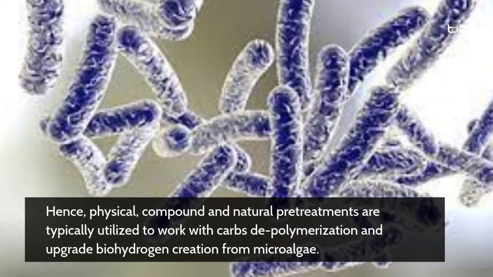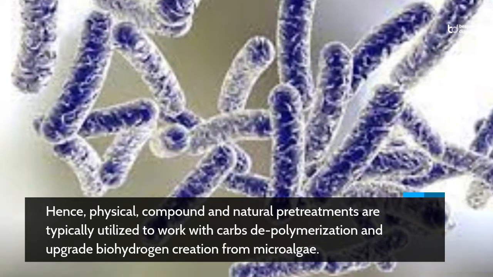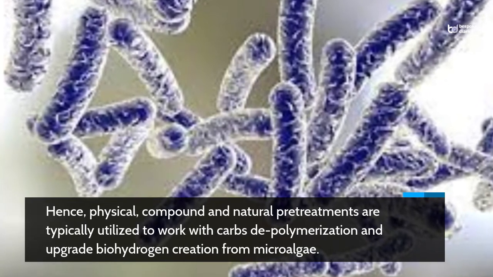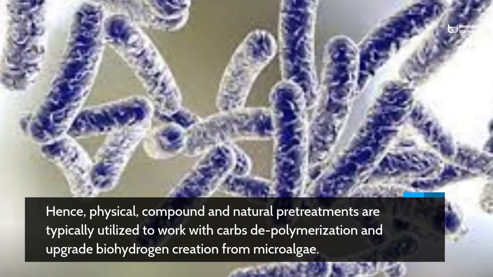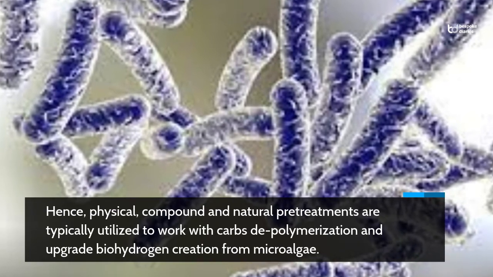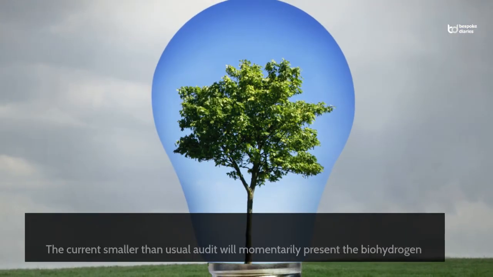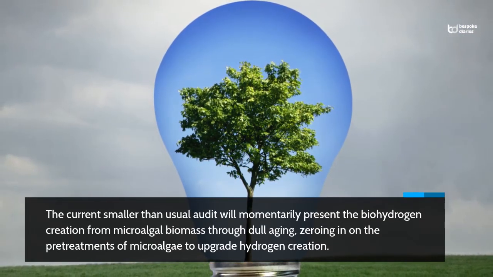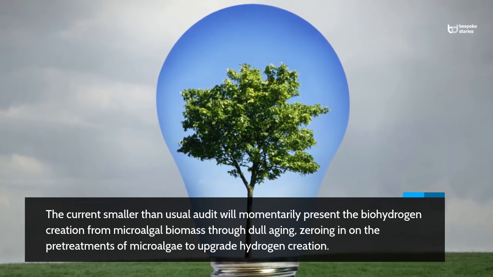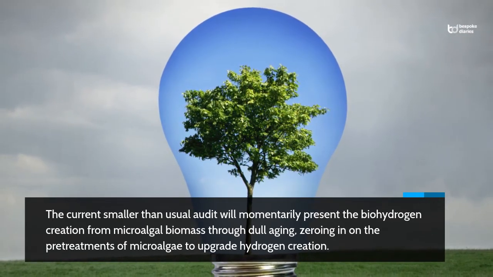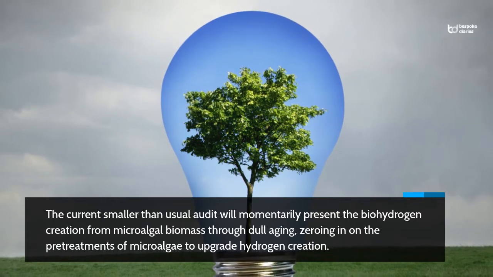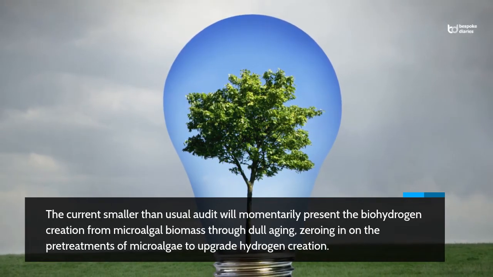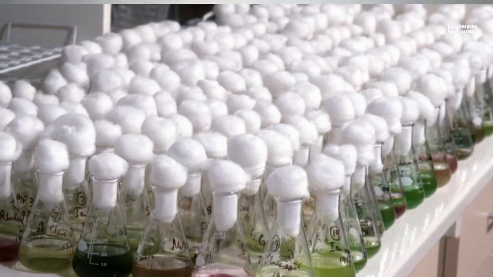Hence, physical, chemical and biological pretreatments are typically used to facilitate carbohydrate depolymerization and enhance biohydrogen production from microalgae. The current mini review will briefly present the biohydrogen production from microalgal biomass through dark fermentation, focusing on the pretreatments of microalgae to enhance hydrogen production.